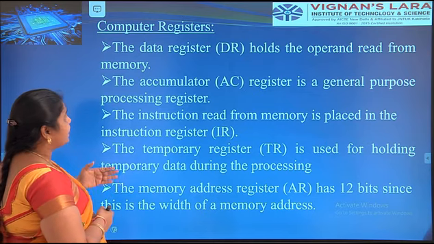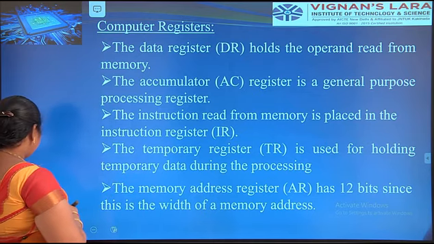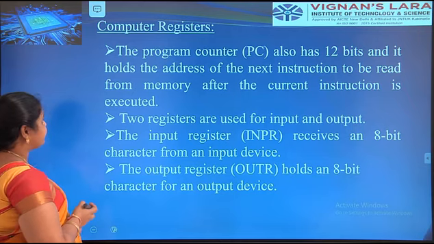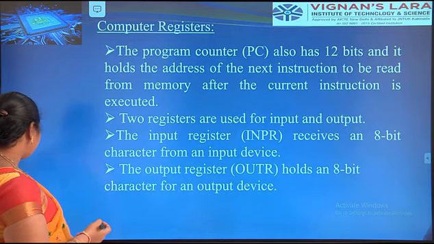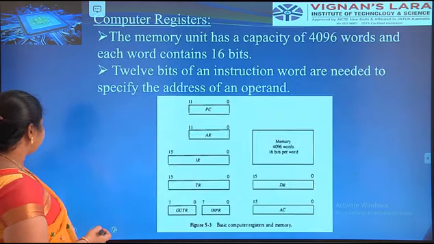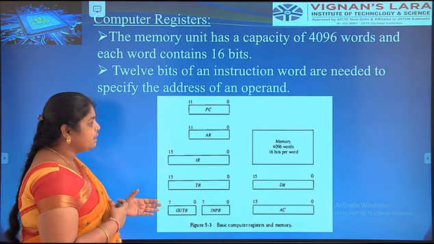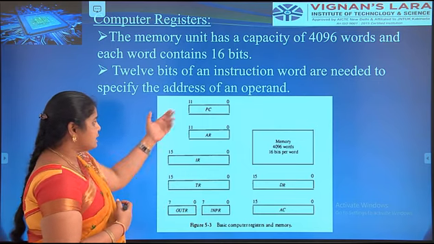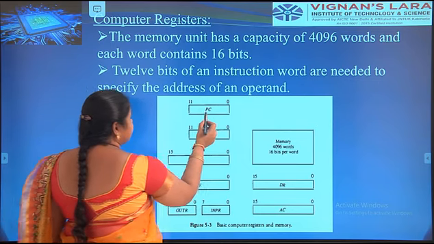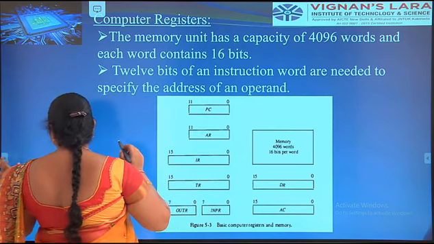This is the functionality of those registers, what we use them for, and what type of register we use in the bus. This is the register format in the memory. It is PC, AR.